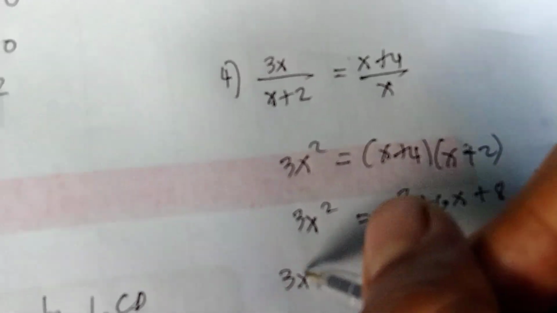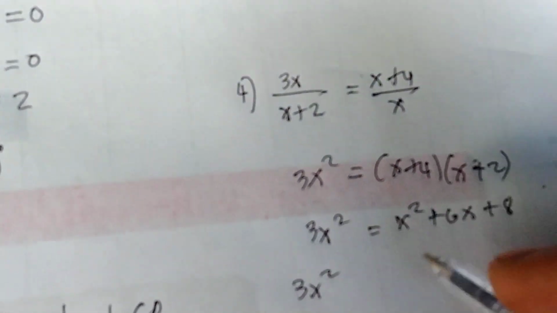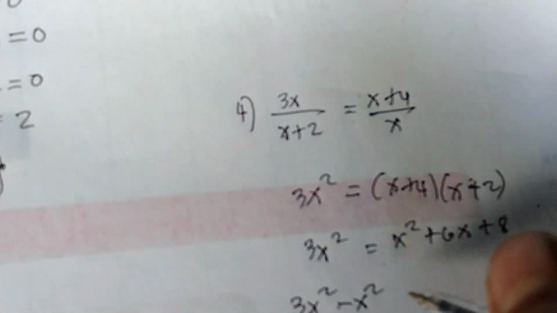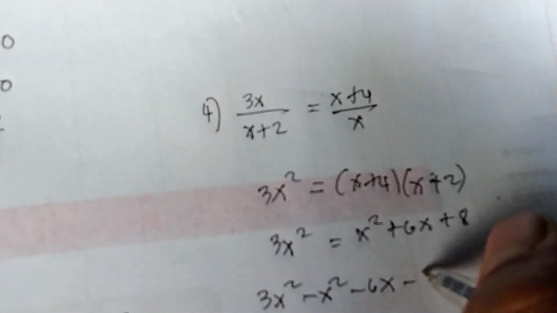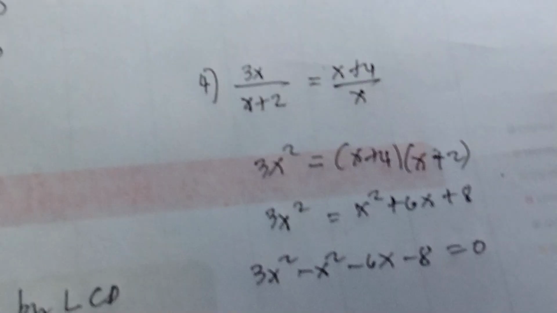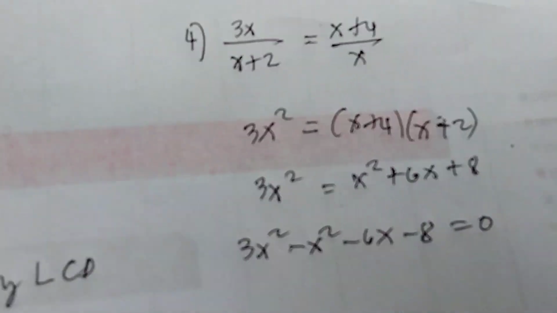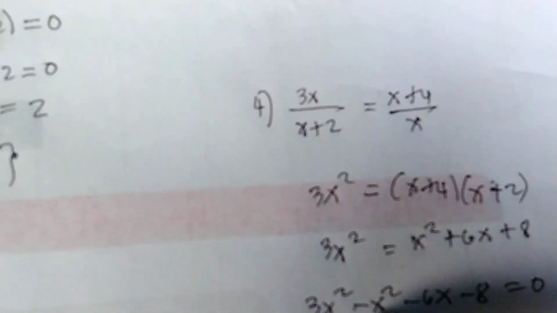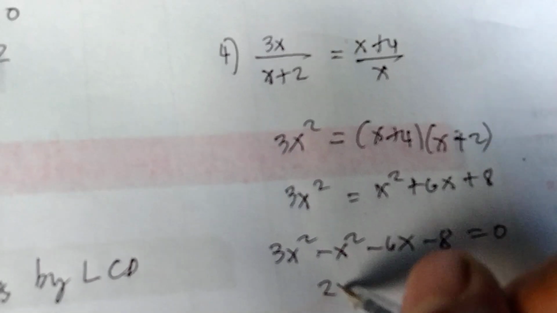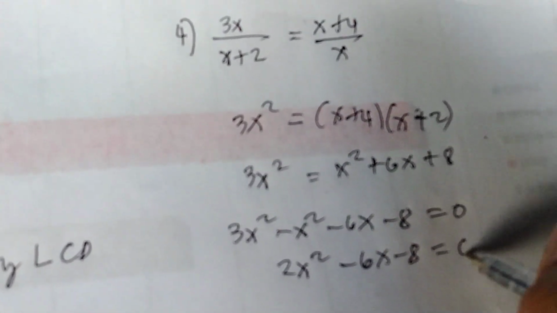No? Transpose ninyo. So, you have now 3x squared. Si x squared, mamahimong minus. Minus x squared minus 6x minus 8 is equal to 0. So, 0 na iyang right side. So, what is 3 minus 1? So, 2. 2x squared minus 6x minus 8 is equal to 0.